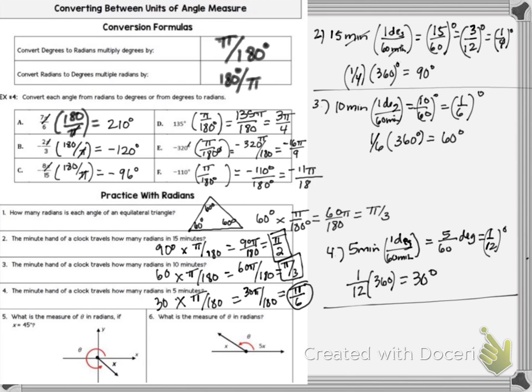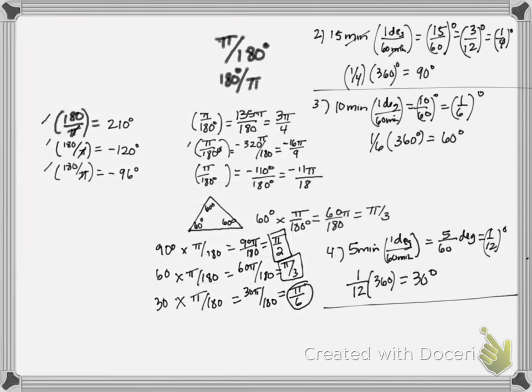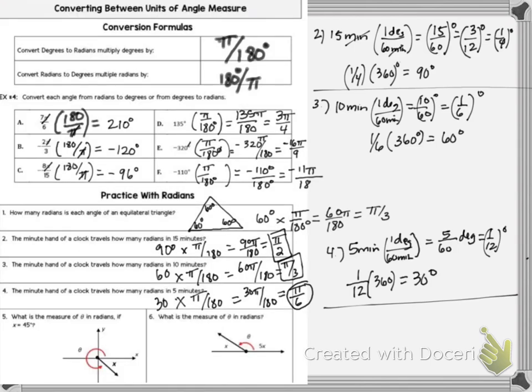All right, so what is the measure of theta in radians if x is 45 degrees? So if this x is 45 degrees, and that's this little part right here, then this big part has to be 360 minus 45.